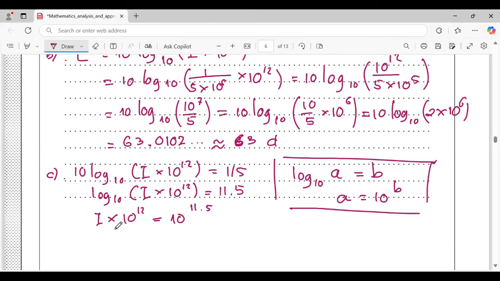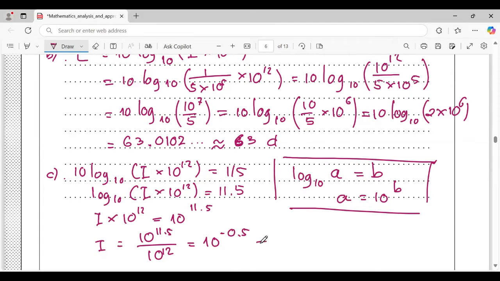So it means I equals 10 power 11.5 over 10 power 12, and it is 10 power 11.5 minus 12, which is 10 power minus 0.5.